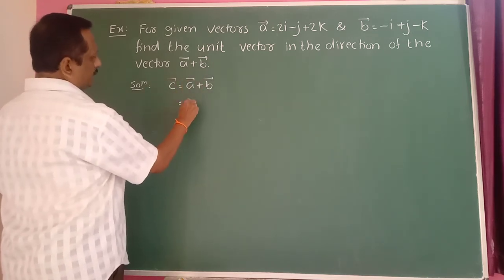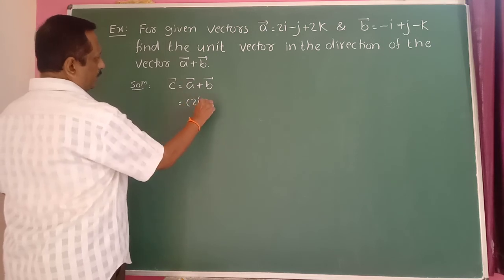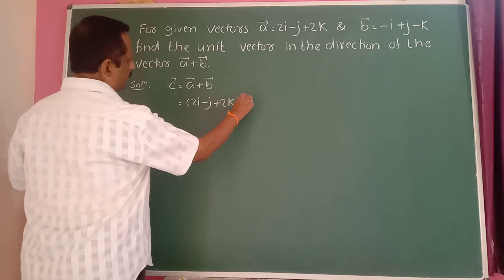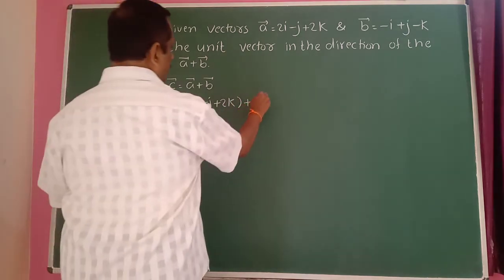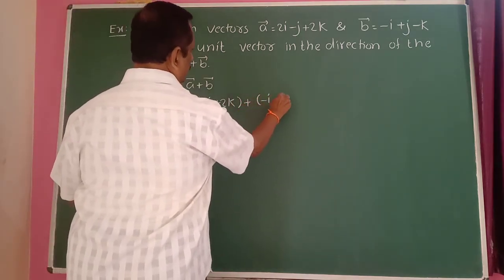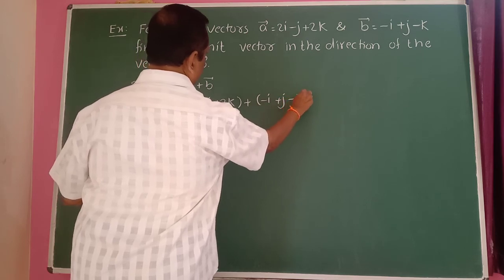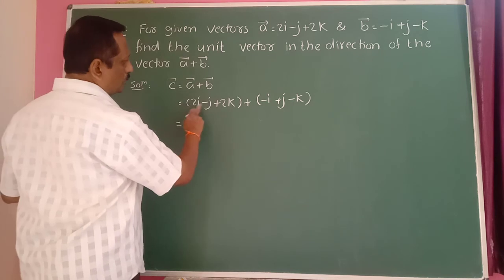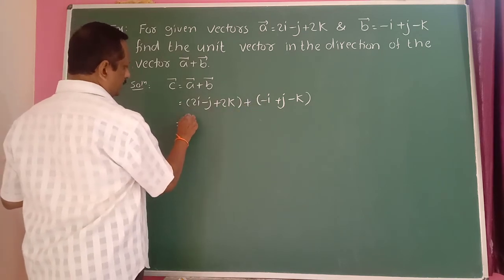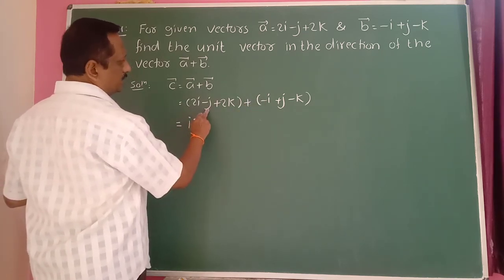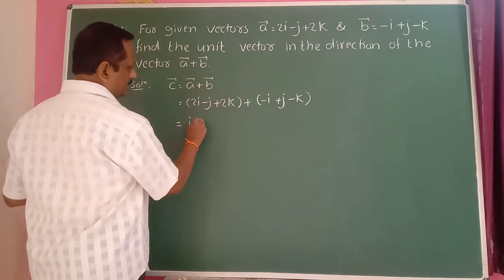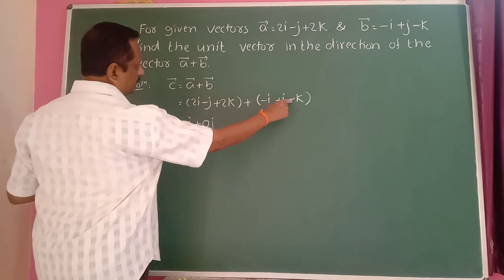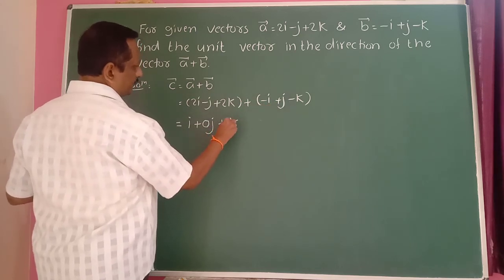Here A bar is the given vector 2i minus j plus 2k, plus the vector B bar is minus i plus j minus k. That is equal to 2i minus i gives i, minus j plus j gets cancelled, hence it is 0j. 2k minus k becomes plus k.